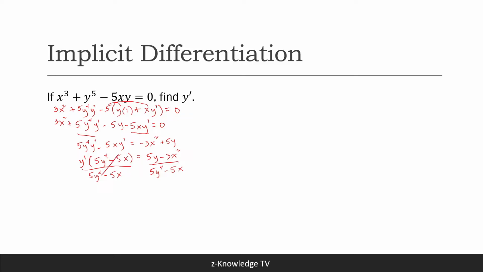Okay? Then, cancel na to. Then, ang natira is y prime is equal to 5y minus 3x squared over 5y raised to 4 minus 5x. Okay? So, this will be our answer para kay y prime.